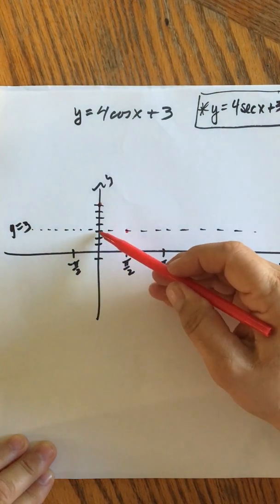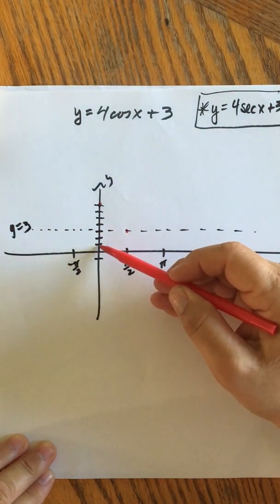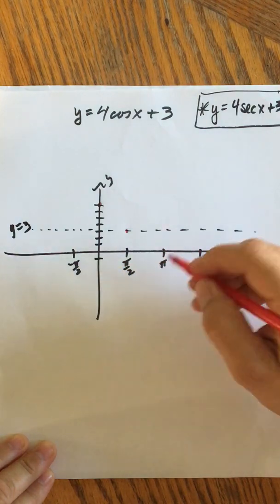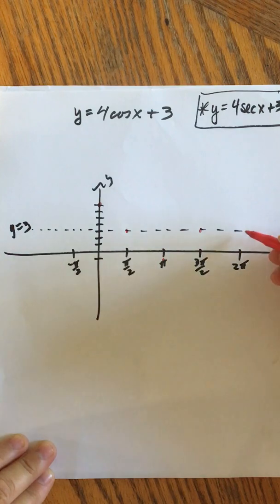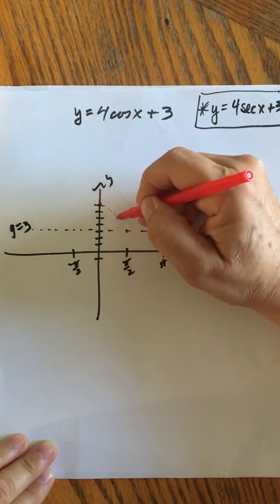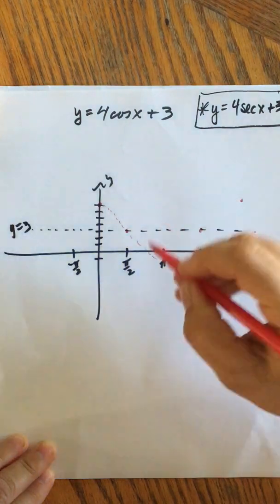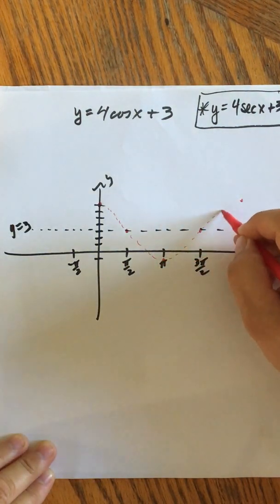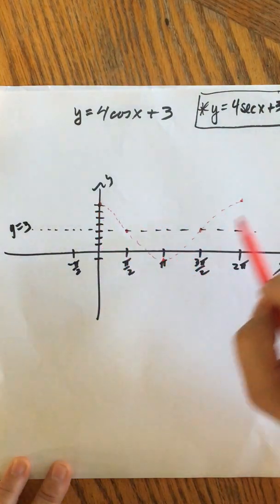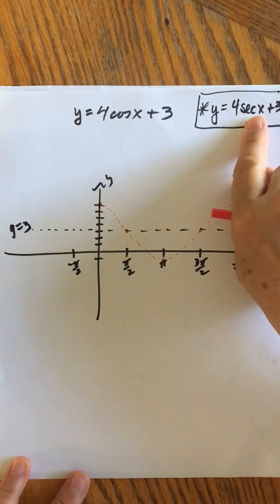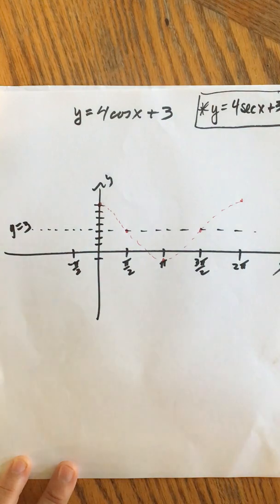And then I'm going to come from the axis down 1, 2, 3, 4 here at pi. And then I'm going to come back up to the axis. And finally at 2 pi, be up here. So technically, one cosine wave would look like this, right? And I'm putting it as a dashed graph because it's not really part of the secant graph. It is just a helper guide.